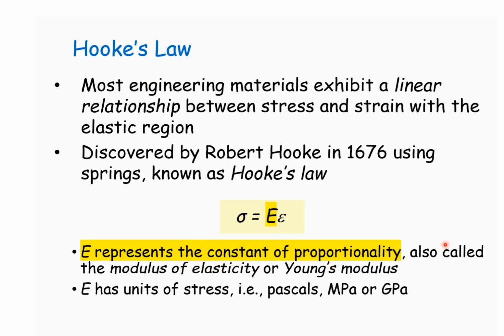In simpler terms, Hooke's law describes how much a material will deform or strain when a specific force or stress is applied. This behavior is consistent and predictable up to a certain point that we call the elastic limit in the stress and strain diagram.